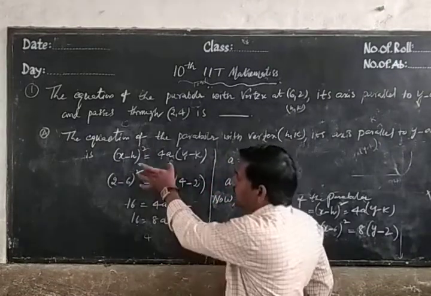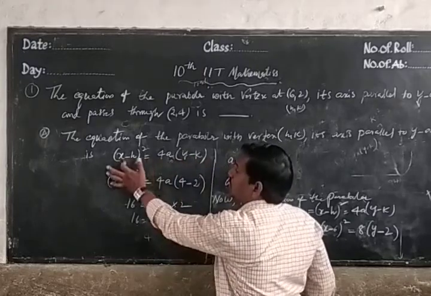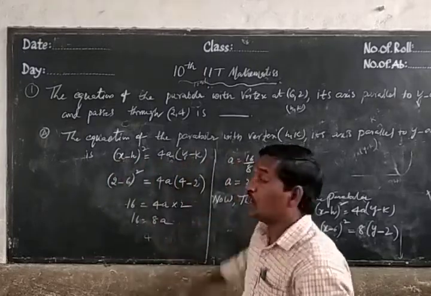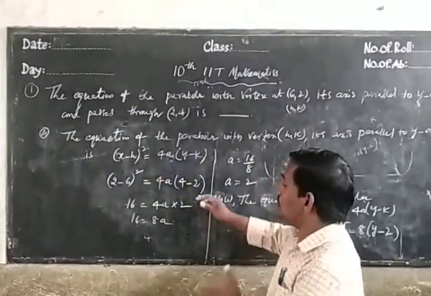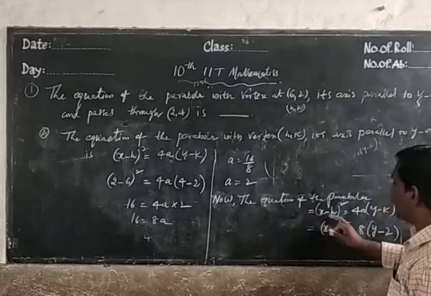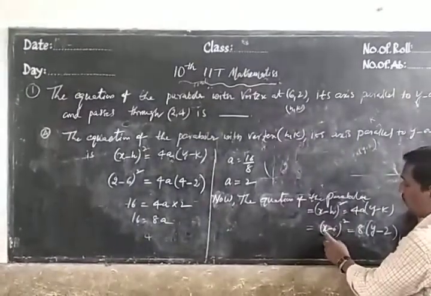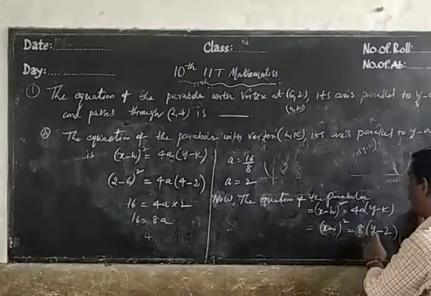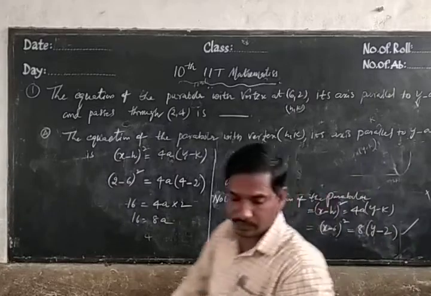We know h, k values and x, y values, but we don't know the a value. So by substituting x, y and h, k values, we get the a value. Now the equation of the parabola (x minus h) whole square is equal to 4a into (y minus k): (x minus 6) whole square is equal to 8 into (y minus 2).